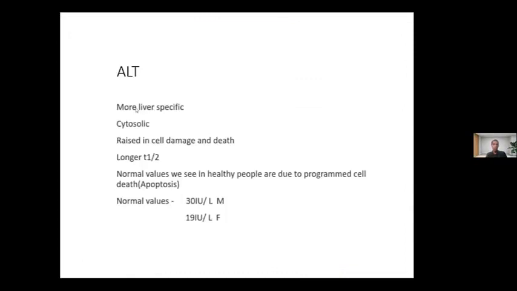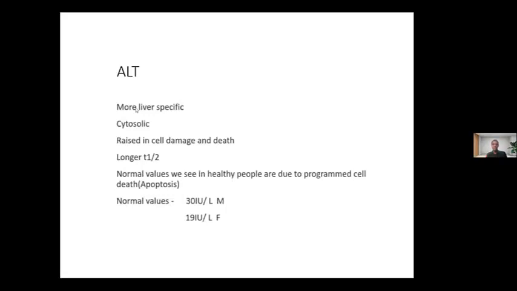It's very common. If I want to discuss the ALT, it's the most liver-specific enzyme, mainly in the cytosol, and it rises in cell damage and cell death. It has a longer half-life, roughly 72 hours.